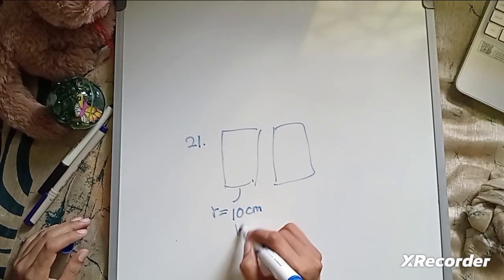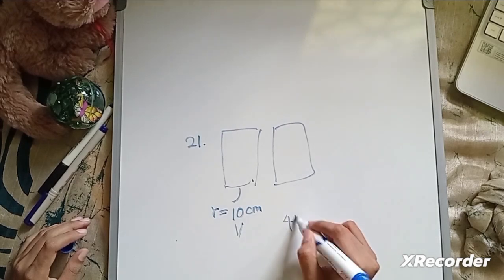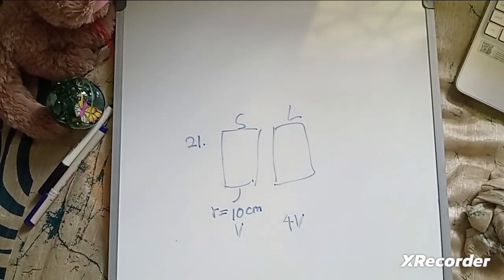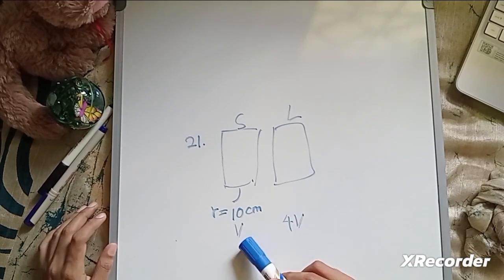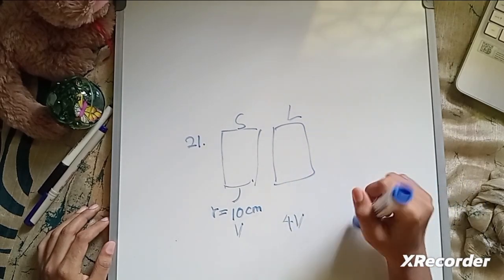So if we take the volume of the smaller cylinder as V, then the volume of the larger cylinder we can write as 4V.